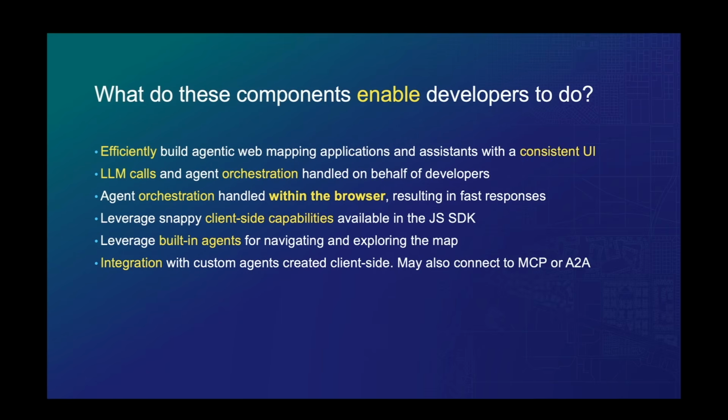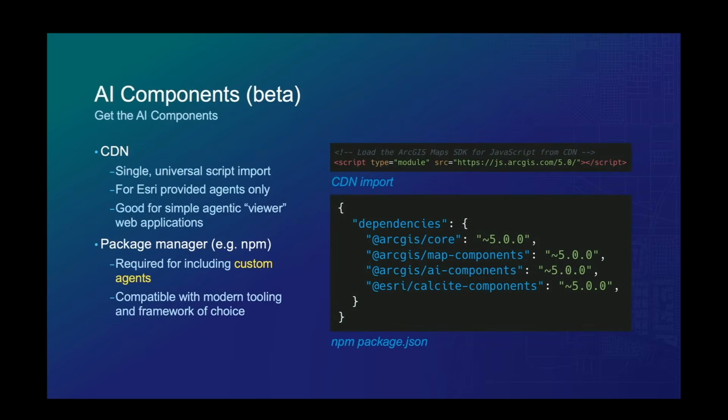And of course, you have the ability to integrate with client-side agents. Okay, so Dhrumil already talked about the CDN. This is also new at 5.0 of the JavaScript SDK, this universal import. AI components come as part of that import, so you don't have to add another script tag. You will get these out of the box there if you use the CDN. You can also use NPM or another package manager to build custom agents with whatever framework of choice.